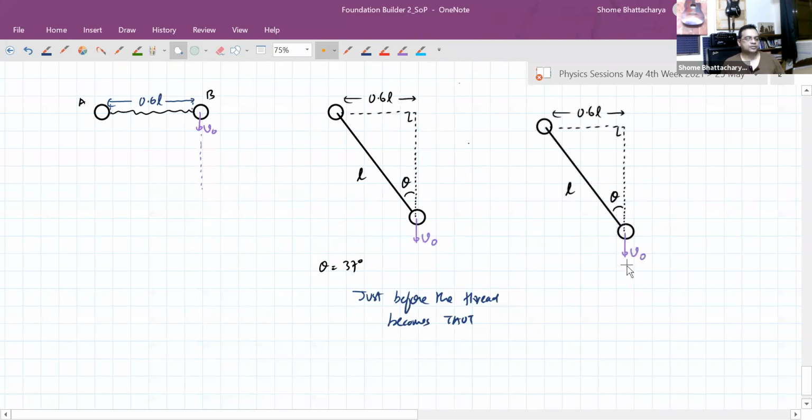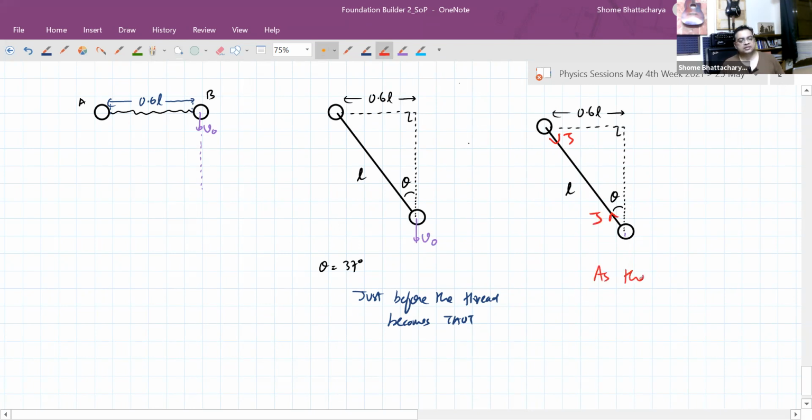There'll be a sharp impulse for a certain amount of time acting till the momentum of these two changes. So the string will apply an impulse like this as it becomes taut.